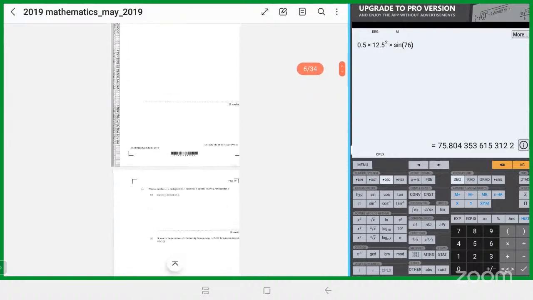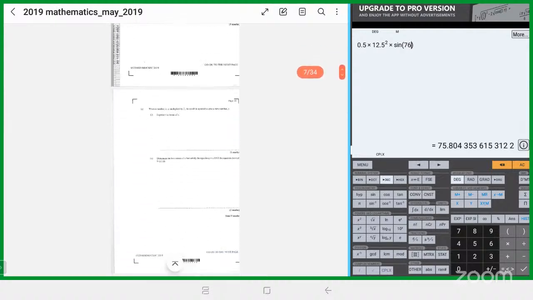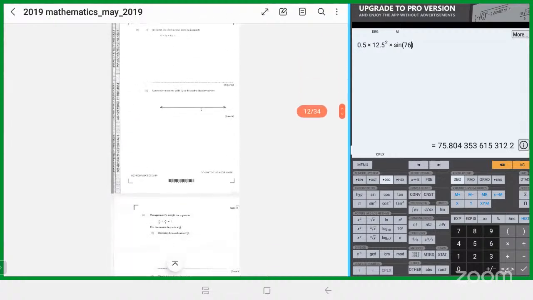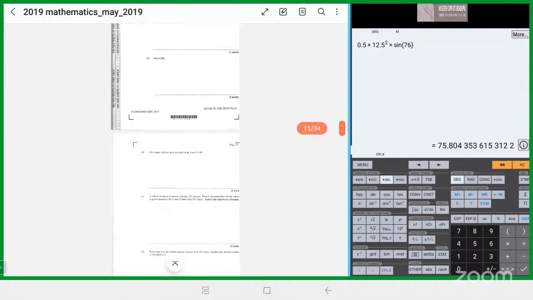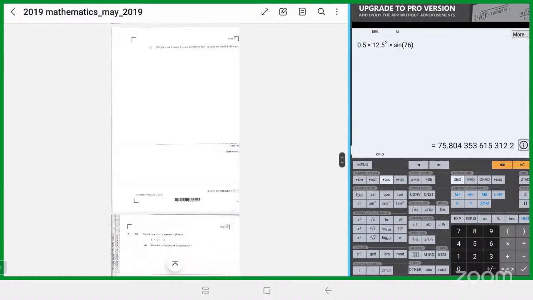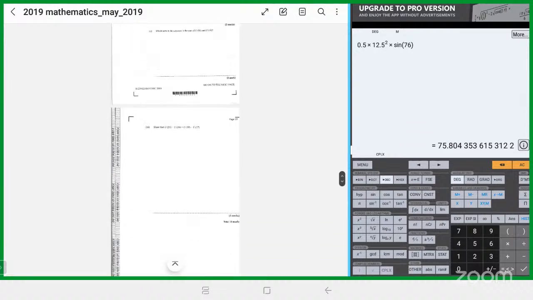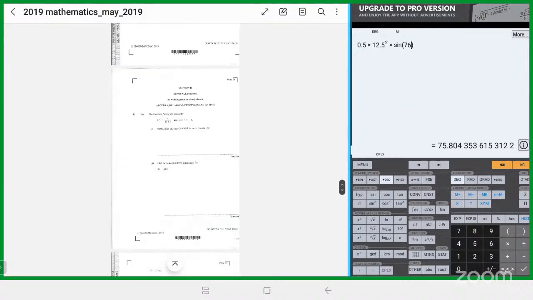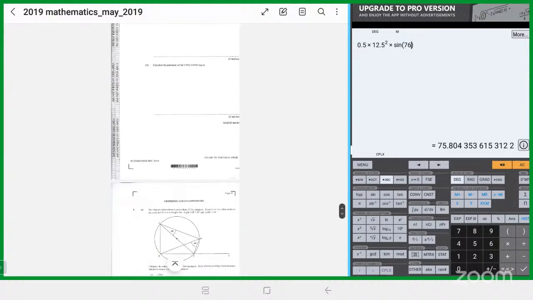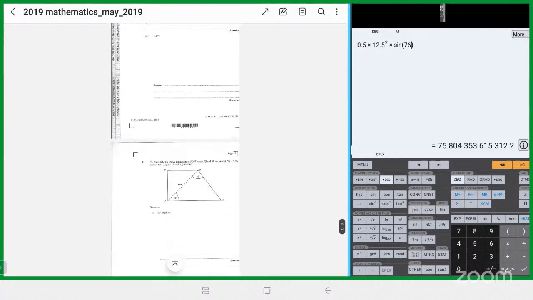Not there. Let's go further down. It must be further down. I'm not seeing it. Didn't I give you one on this paper to do? Sure, I gave you one on 2019. I didn't give you one on 2019 to do.